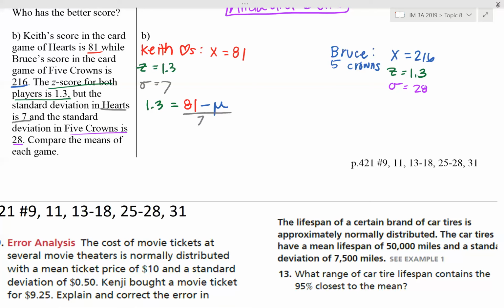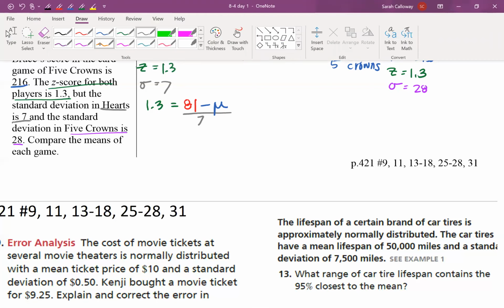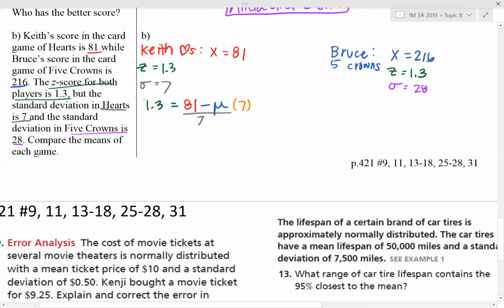So if I want to solve this for the mean, what I have to do then is get rid of the 7 and then get rid of the 81. So in order to isolate mu, or the mean, I'm going to have to multiply both sides by 7. So I get 9.1 is equal to 81 minus the mean.